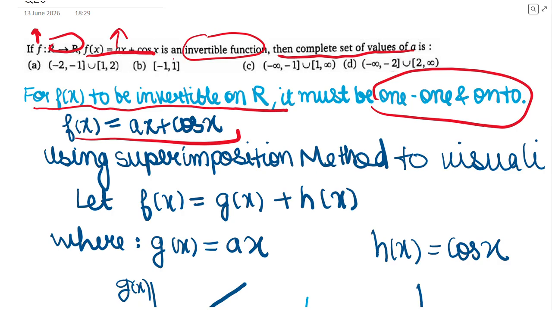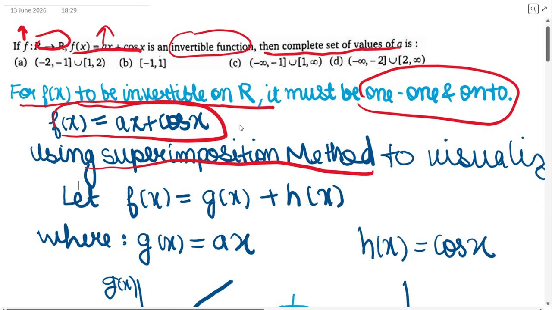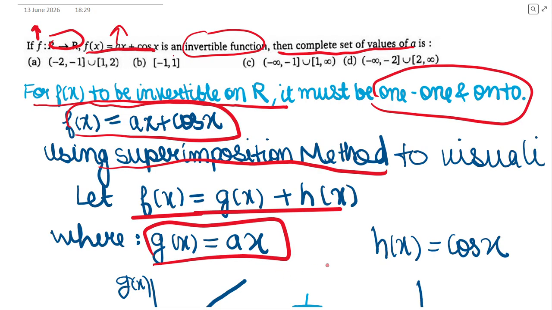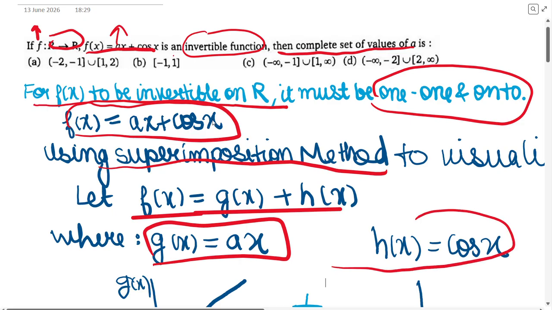So now we'll again write f(x) for our convenience, and we'll use the superimposition method, not to solve but to visualize what exactly our function is. Let f(x) be g(x) plus h(x). We'll split the function into two different functions, where g(x) is ax and h(x) is cos x.